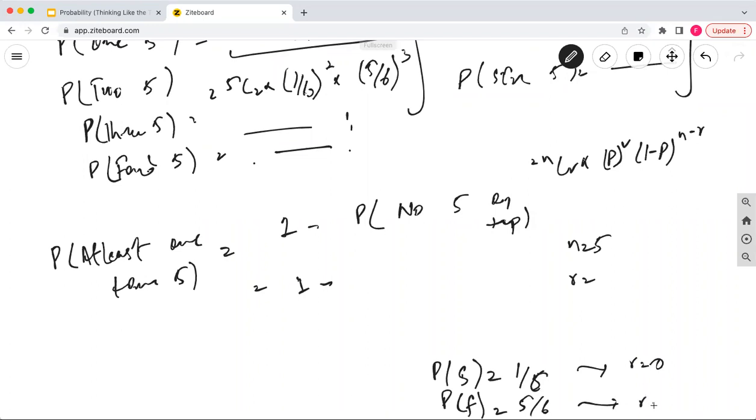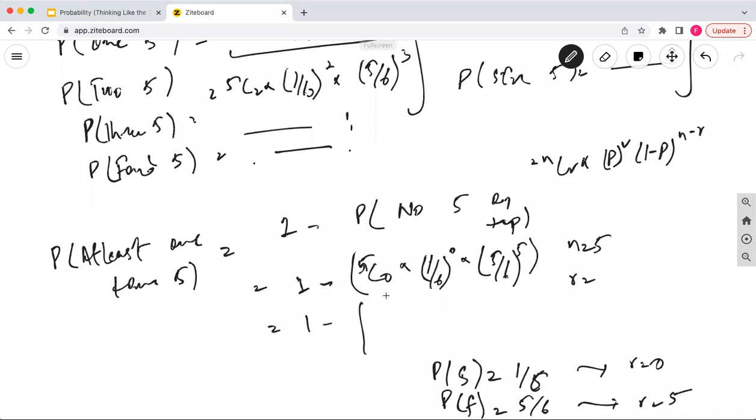So let's use this formula: n is 5, 5C0 into (1/6) power 0 into (5/6) power 5. So this will be 1 minus, what is 5C0? That is 1 minus (5/6) power 5.